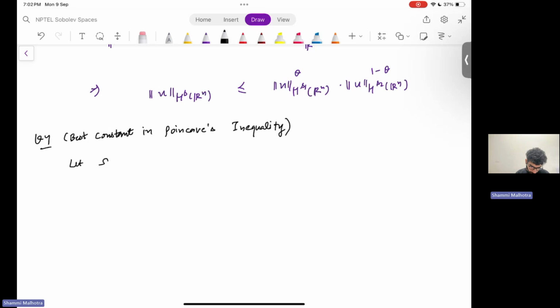So let omega, a subset of R^n, be a bounded domain.